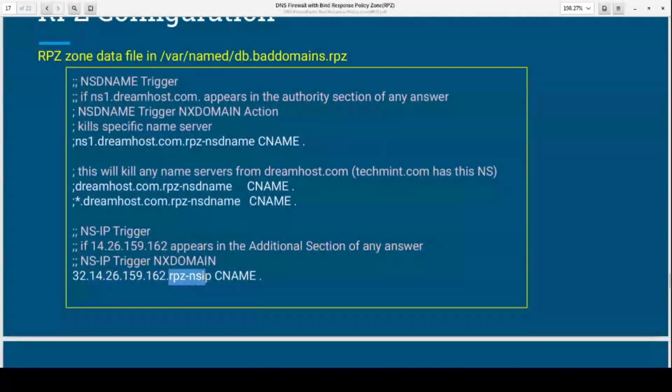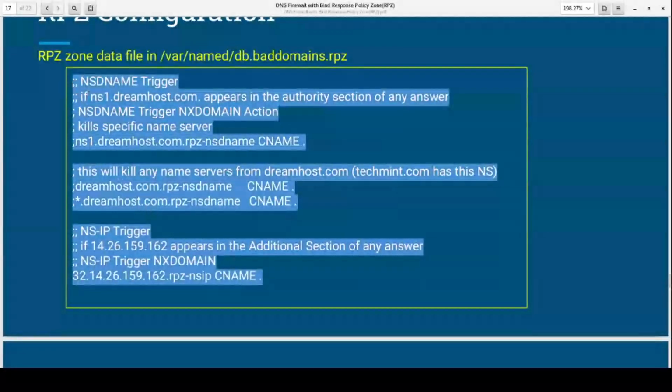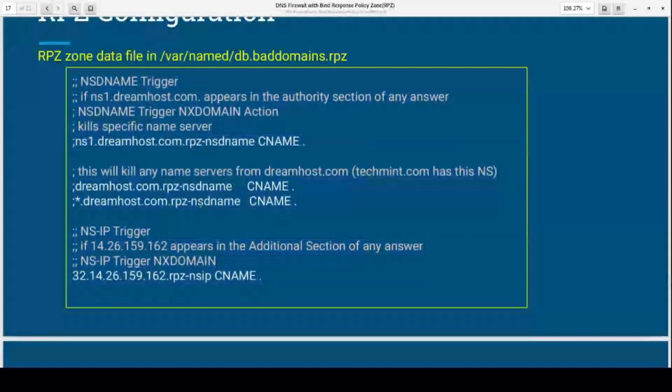Then RPZ-NSIP CNAME dot. Remember, these two triggers, NSDNAME and NSIP, are blunt weapons. This will completely destroy thousands of domains. One DNS server can host thousands of domains, or one IP address can host thousands of domains. So be careful while implementing these triggers.